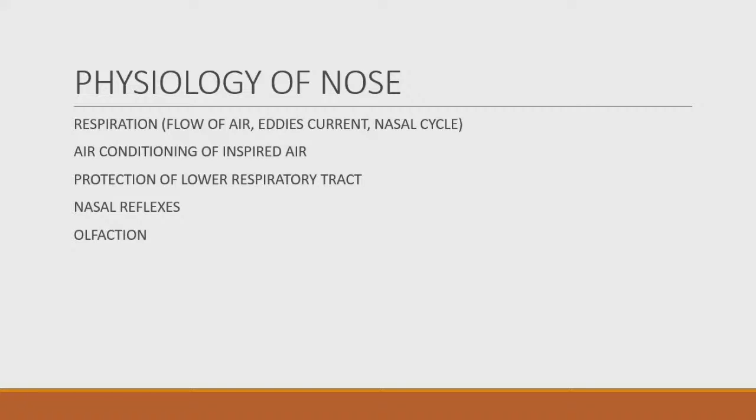Also, protection of the lower respiratory tract: the mucous membrane and also the vibrissae that are present in the nose will trap or obstruct the various particles that may be harmful for the lower respiratory tract, up to 5 micrometer diameter, and they thus protect the lower respiratory tract from any major allergens.